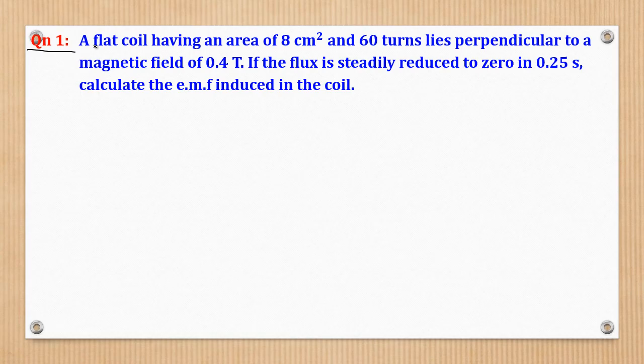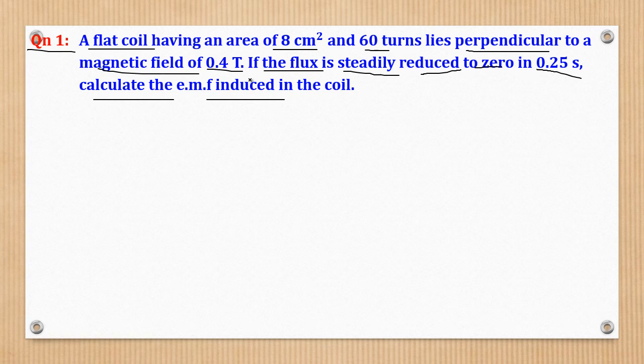So, question 1. A flat coil of area 8 centimeters squared and 60 turns lies perpendicular to a magnetic field of 0.4 Tesla. If the flux is steadily reduced to 0 in 0.25 seconds, calculate the EMF induced in the coil.